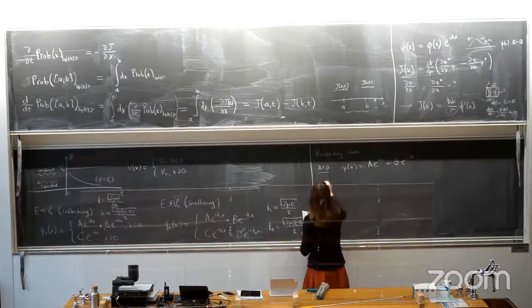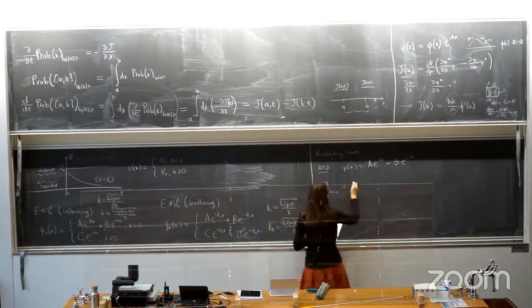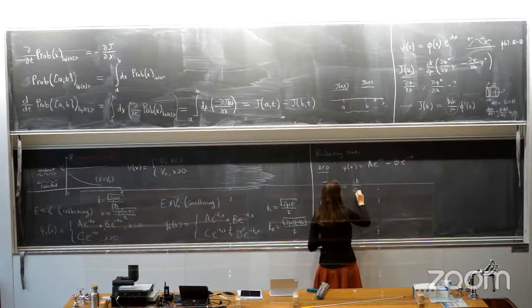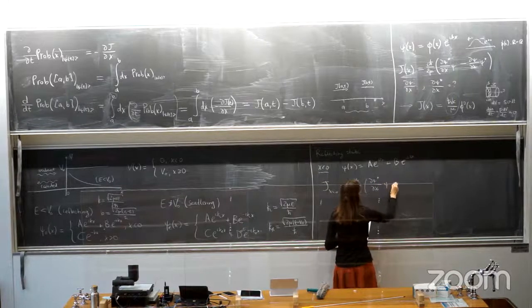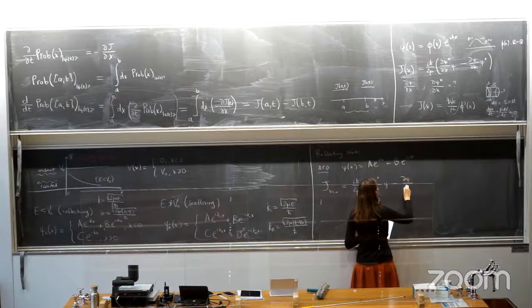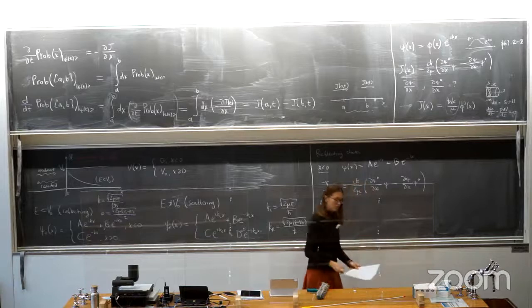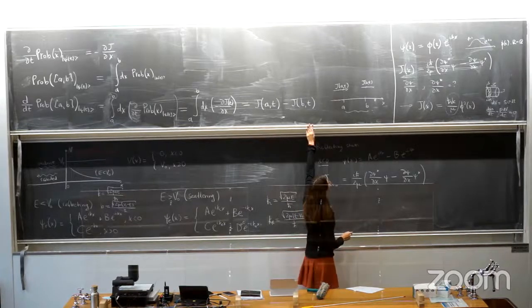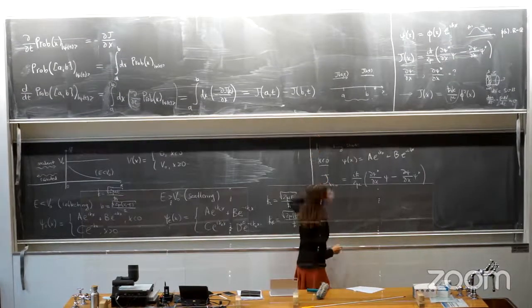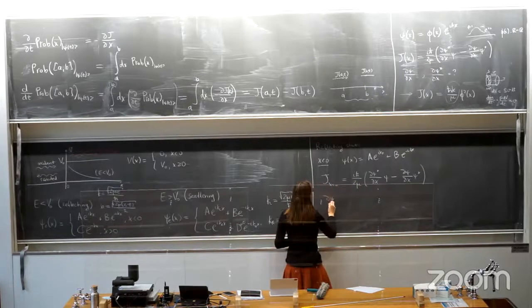Now j for x less than 0. Again, our formula: i h bar over 2 mu, times (d psi/dx psi star minus d psi star/dx psi). So what is d psi/dx?